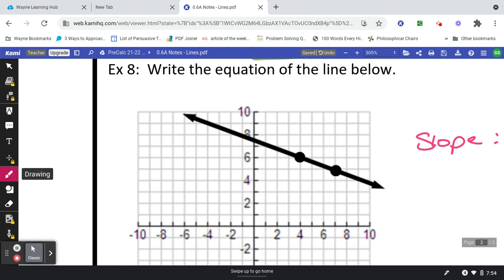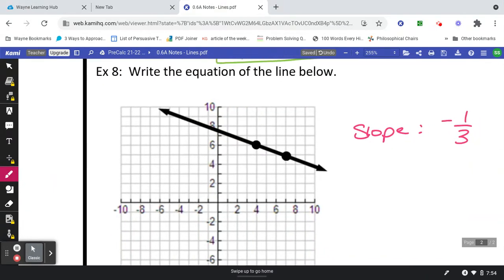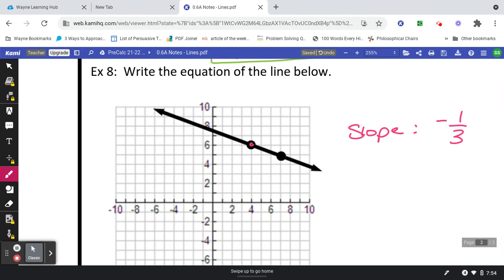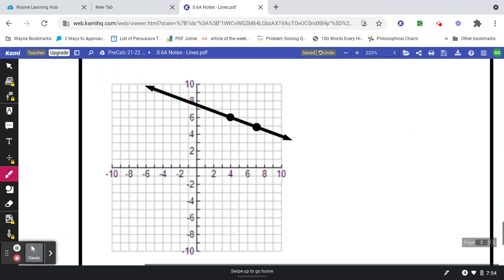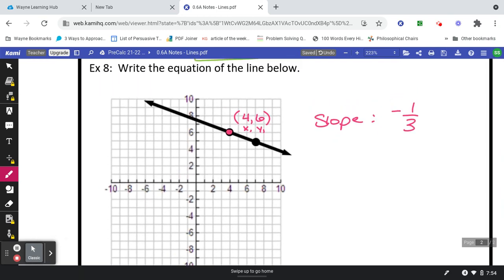So what we're going to do here is instead use one of the points that we know. We'll use this right here. We'll name that point 4, 6, 4 over 6 up. And then we'll have to use that as our x1, y1. So not quite as simple as the ones we did on the front, but we're using that same formula.